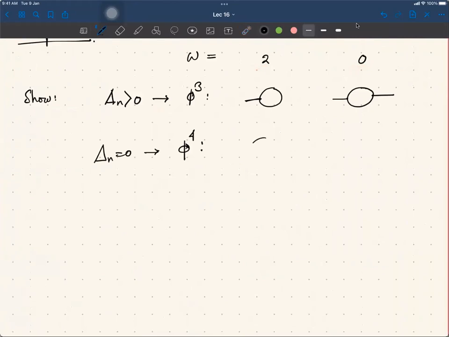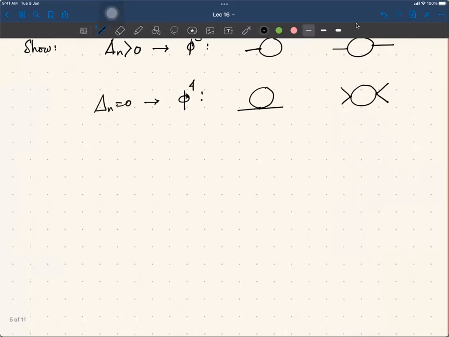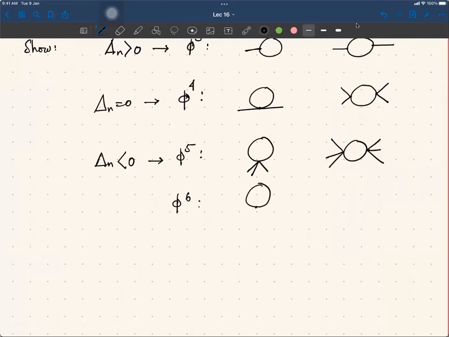In this case, the first primitively divergent diagram is one loop, one vertex, which is this one, and then one loop, two vertex, which is this. And delta n less than 0 will give you phi to the power 5, this one, and phi to the power 6, which will have one loop, one vertex.